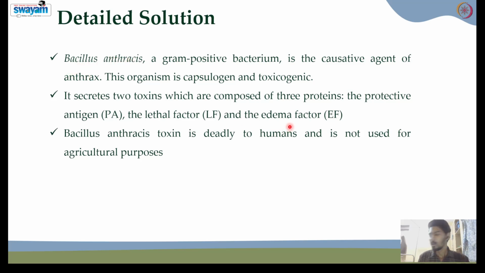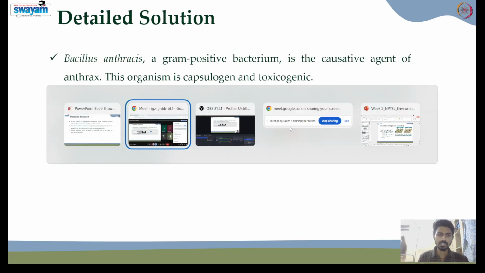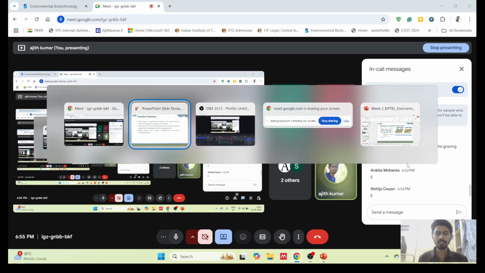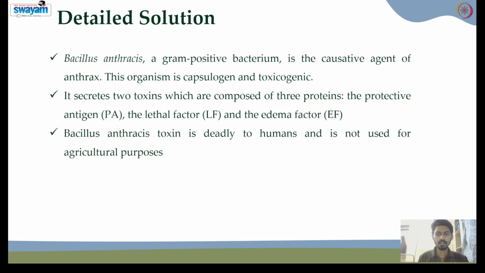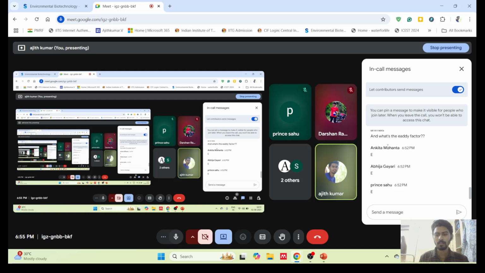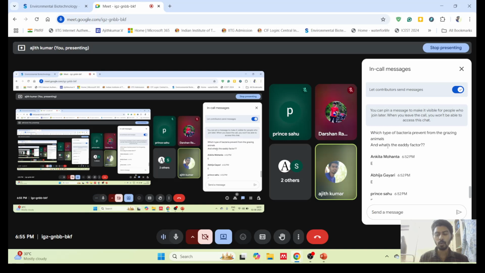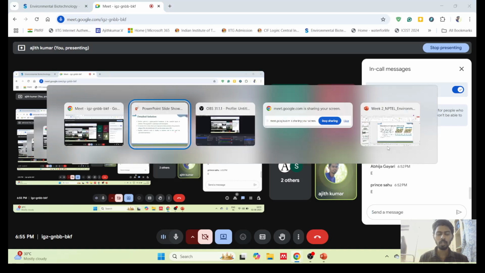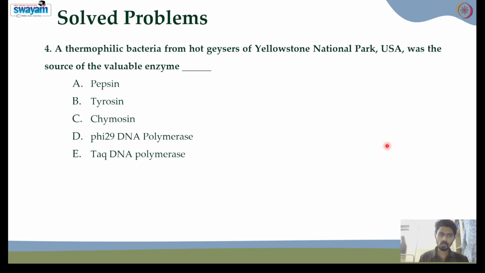It is one of the proteins that assist in making them toxic. So this is the edema factor, and Enterobacteriaceae and a lot of bacteria are there. I hope I have cleared your doubt. So we will move on to the next question.